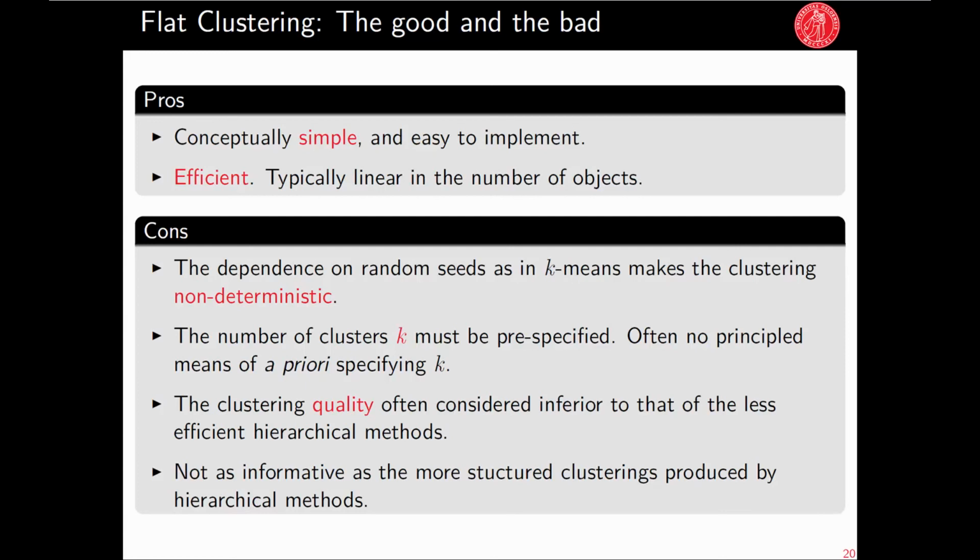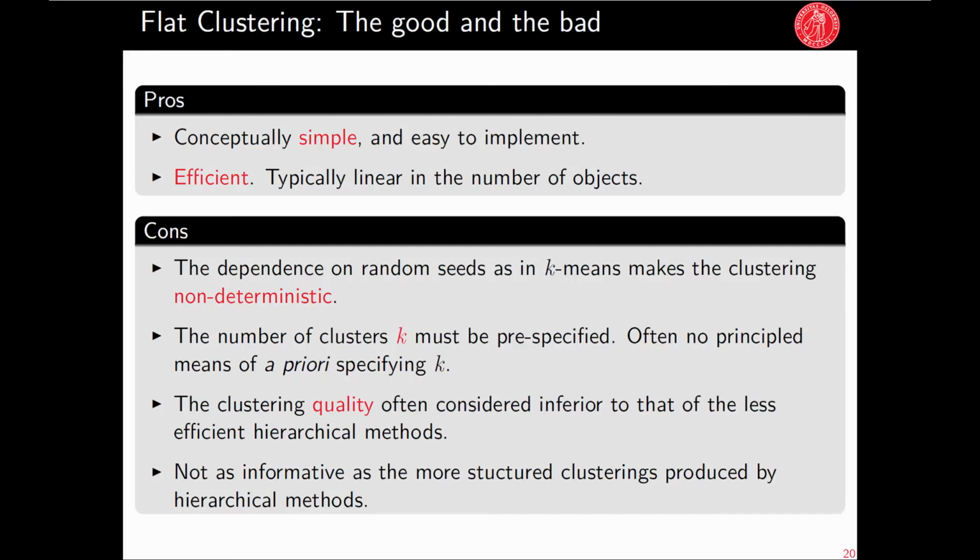We can understand it intuitively, and they're typically also efficient, linear in the number of objects to be clustered, while these hierarchical methods that we'll be dealing with in the next lecture are typically somewhat less efficient.